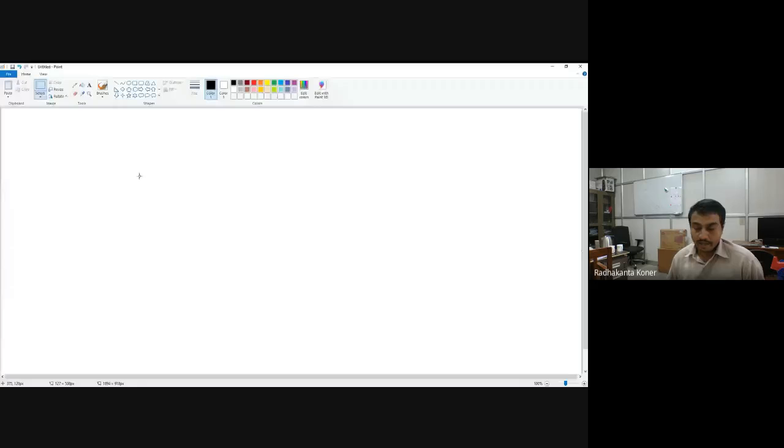So here, this is a block, and this is a cuboidal block.